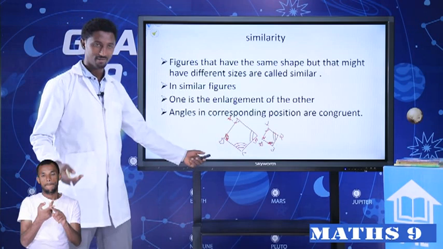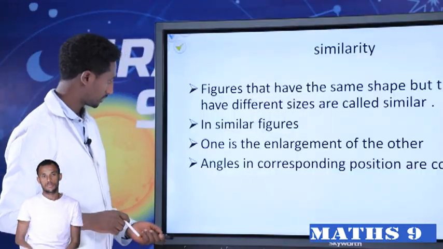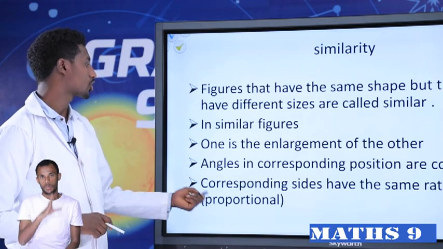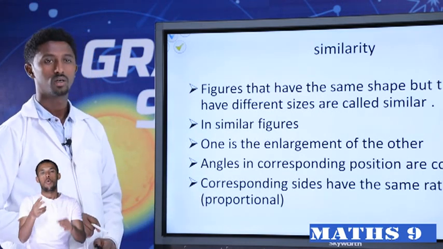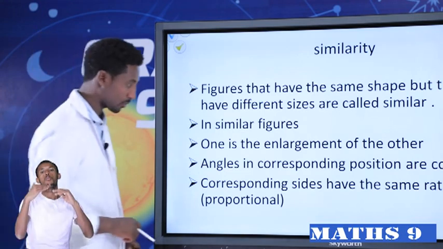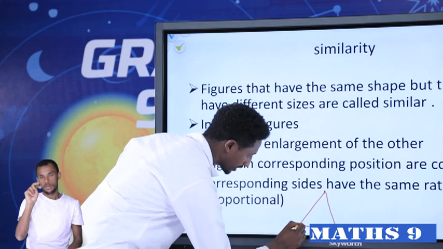But they have a different size, as we can see from this figure. And corresponding sides have the same ratio, or are proportional. Let's explain this using these triangles.